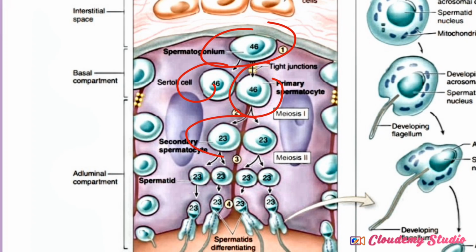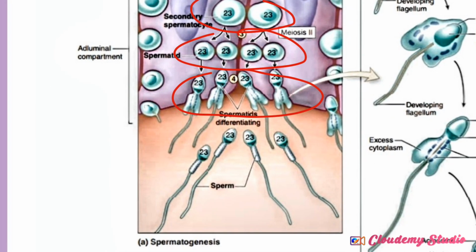Then we have the secondary spermatocytes when they undergo meiosis 1. Then we have spermatids when they undergo meiosis 2. Then we have motile or matured spermatozoa. So these are sperm cells having 23 chromosomes. These are paternal. So this is spermatogenesis.